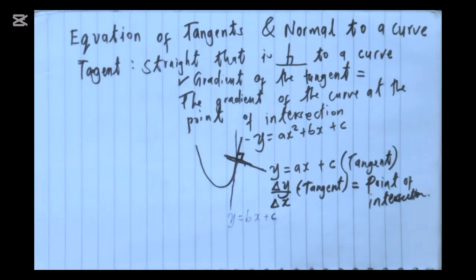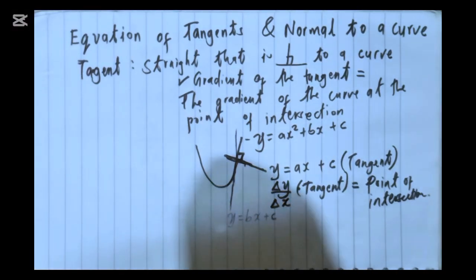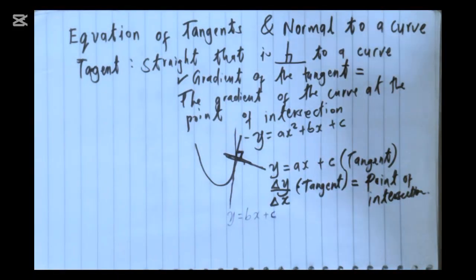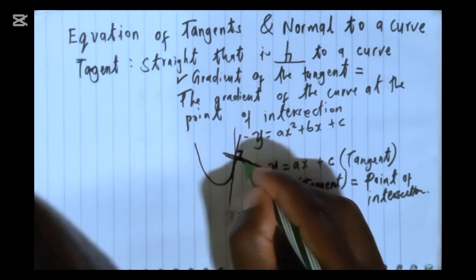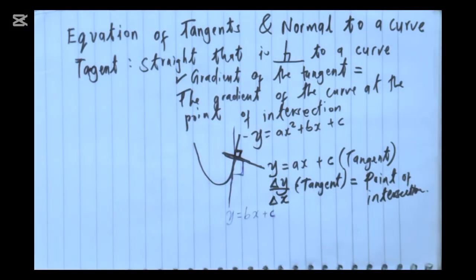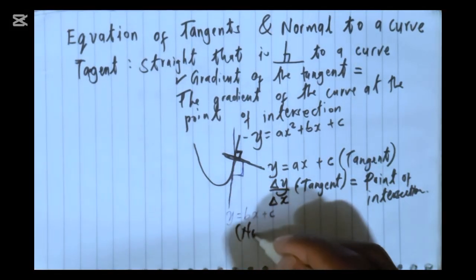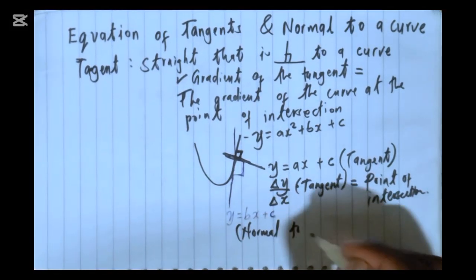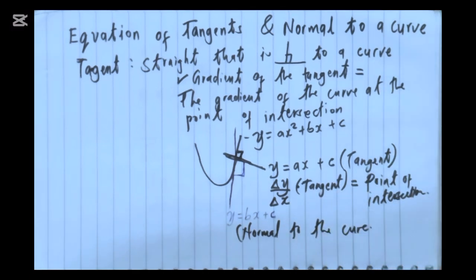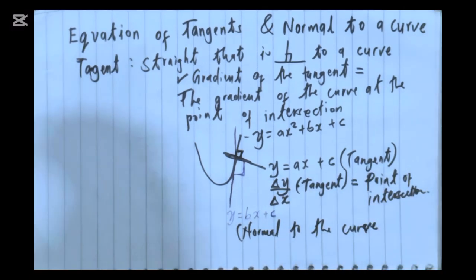If I have a line that is forming a perpendicular with the tangent, then we say that that line is normal to the curve. When a line is said to be normal to a curve, it is basically a line that is perpendicular to the tangent of a curve. That is what we call a normal line.